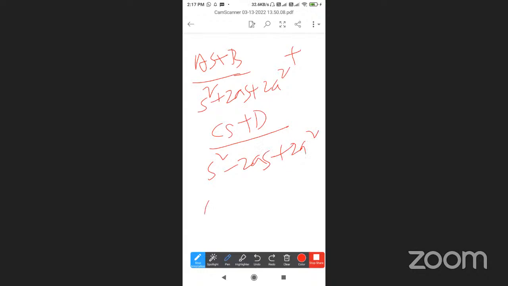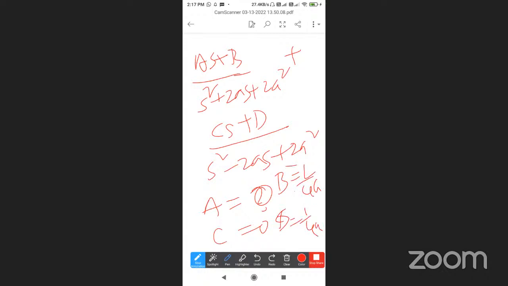We can find the partial fractions values. A is equal to 0, C is equal to 0, and B is equal to minus 1 by 4a, D is equal to plus 1 by 4a.